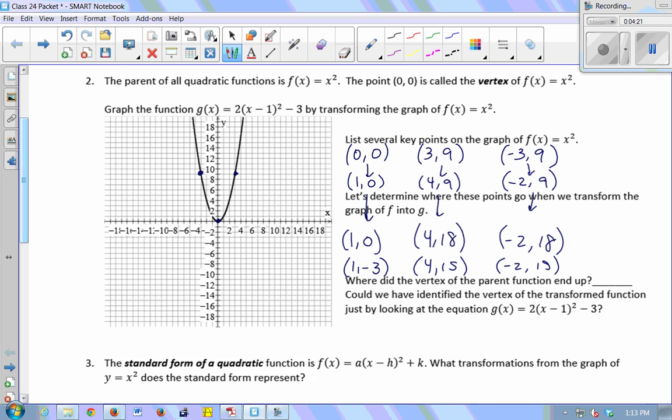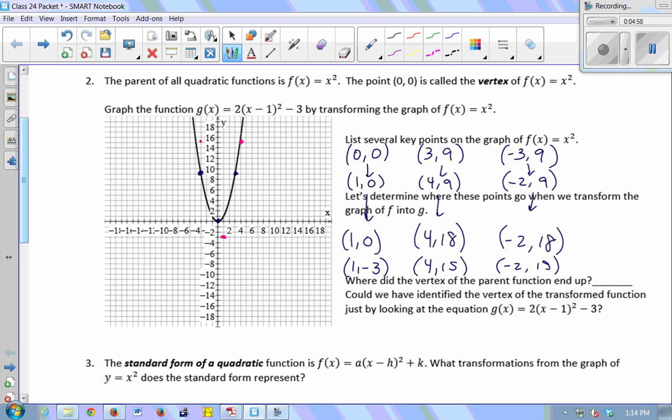So I'm going to plot those 3 final points. I've performed all my transformations, and 0, 0 is now going to be at 1, -3, and 3, 9, this point here, is going to move to 4, 15. 4, 15 is right there, and -3, 9 moves to -2, 15.